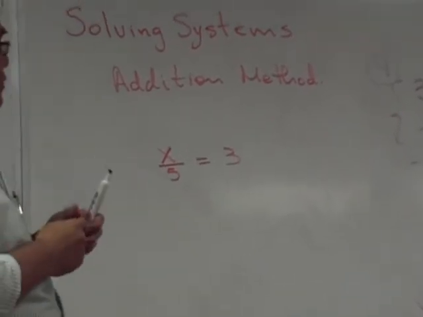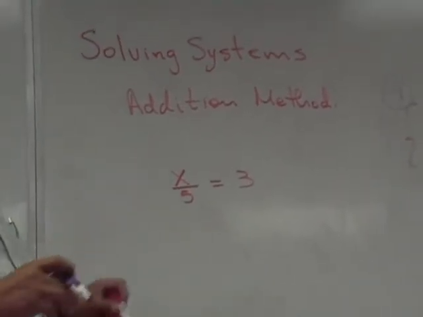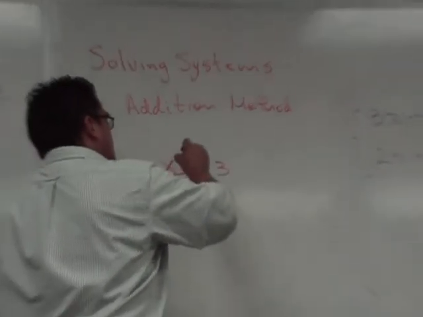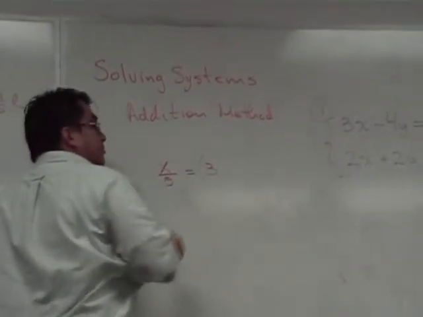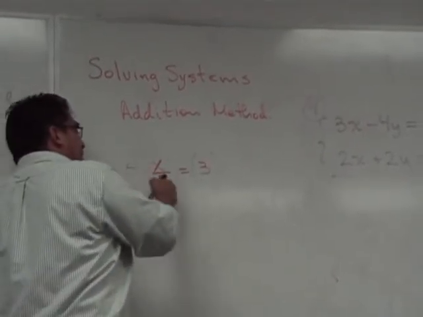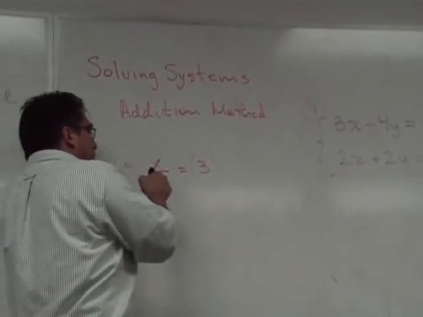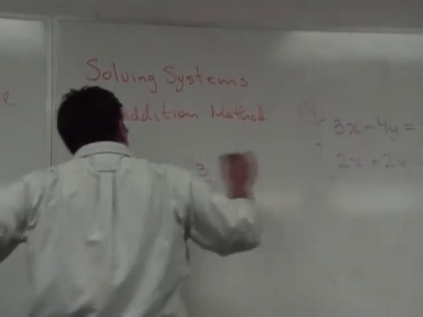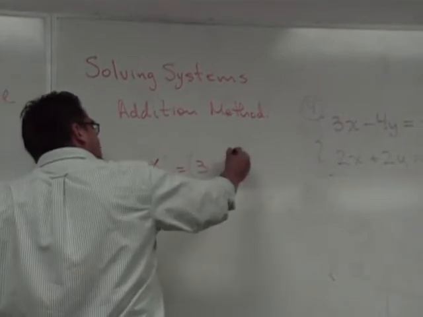If I ask you to solve that equation, what would you do? You multiply both sides of the equation by 5 in this case. Why? Because that's going to cancel the 5, but what matters here is that you know your equation is going to remain balanced because whatever you do on one side, you do on the other.